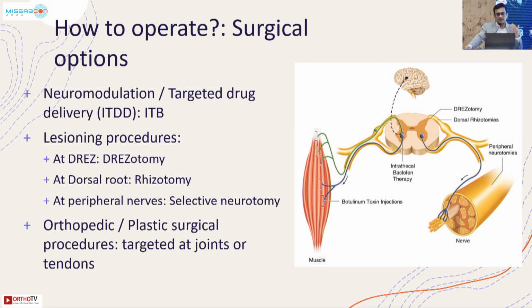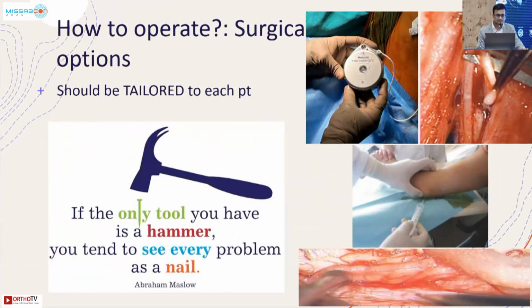It can be at the level of the dorsal root entry zone in the form of DREZotomy, at the level of the dorsal root in the form of rhizotomy, and at the peripheral level in the form of selective neurotomy. Apart from that, there are various deformities involved, spinal deformities and limb deformities, so various plastic surgical, orthopedic and spinal procedures are also required at times.